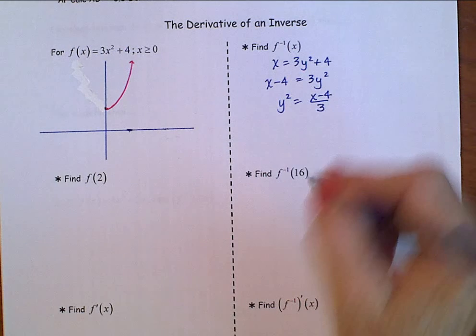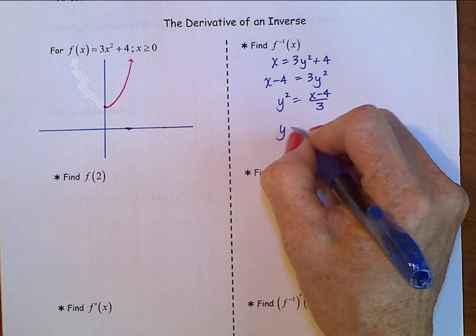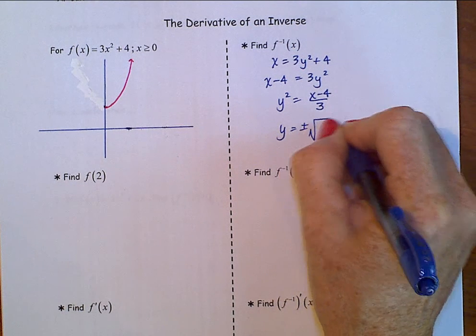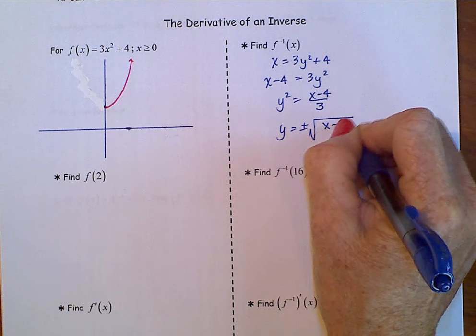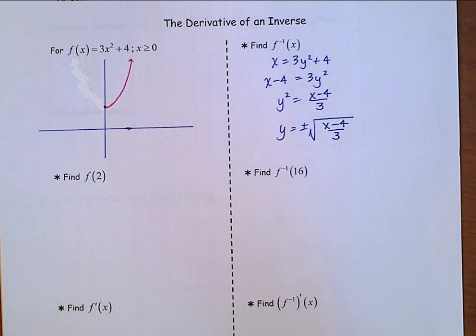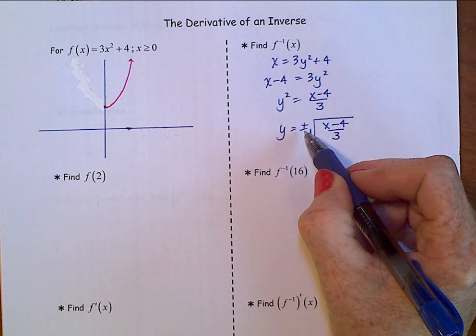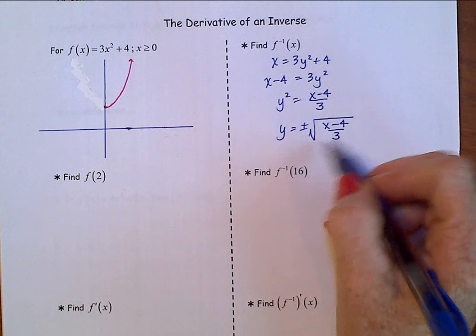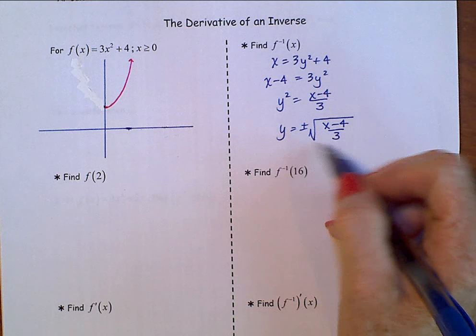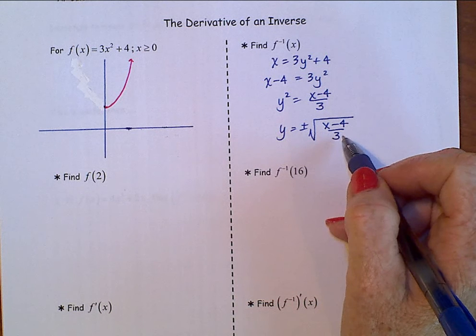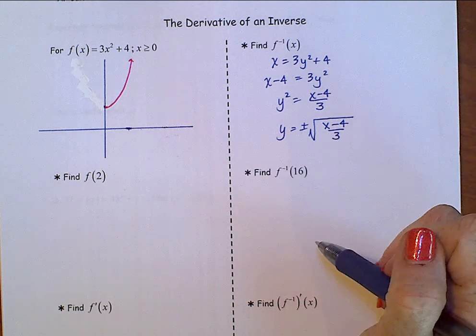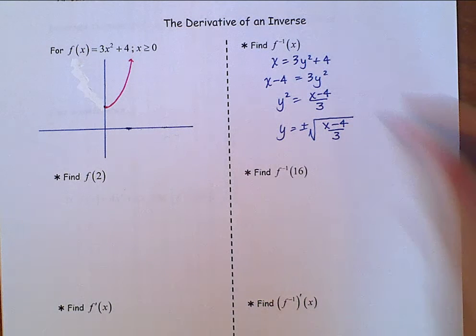Take the square root of both sides. Okay, now, this says plus or minus, but we know we're not supposed to get 2 pieces out of this. That was not a function if we get 2 pieces out of here. So we need to figure out which one this is supposed to be. So we need to kind of think about this.